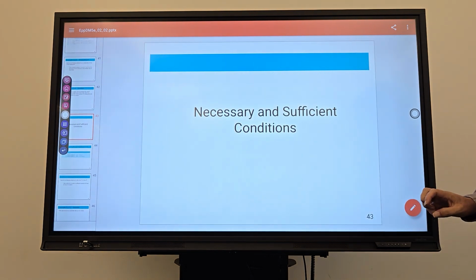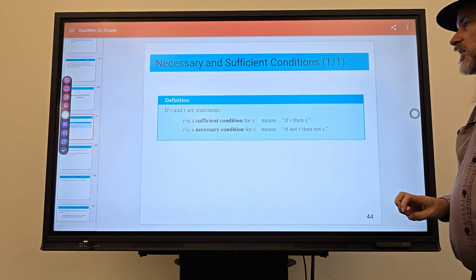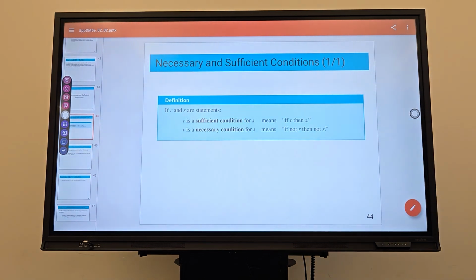So necessary and sufficient conditions. R is a sufficient condition for S means if R then S. A necessary condition for S means that if not R, then not S. So if R is true, then S is true.